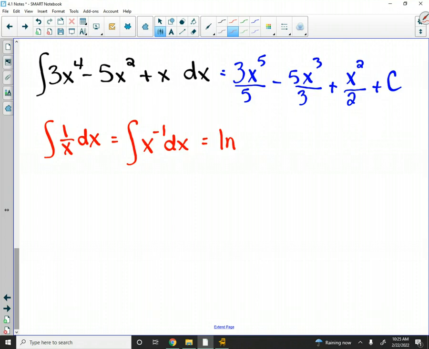Okay, there's one thing we have to do differently backwards. I don't know if you remember this, but natural log of x had all positive x values. And just in the process of going backwards and forwards, we've got to force it to stay positive. Or else when we would derive it, we could get something that didn't work. So that's just one thing we have to make sure to do a little differently. And then we have our plus c.